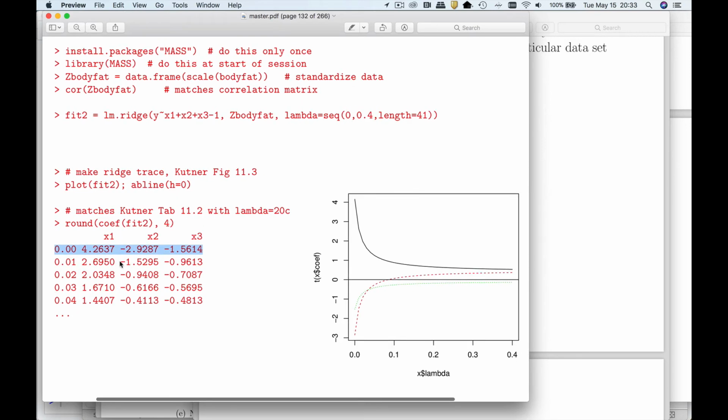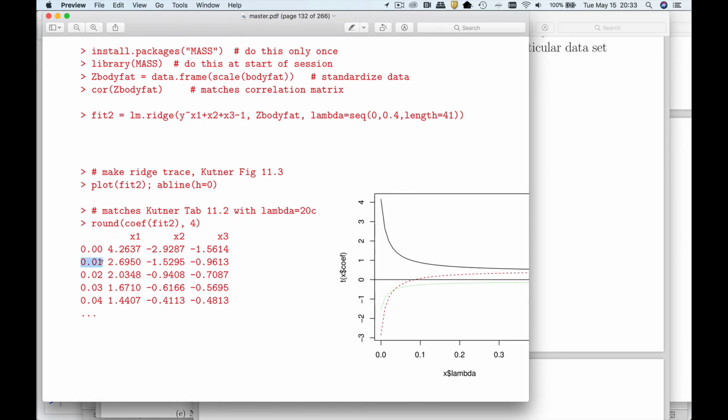All right, now as I increase the lambda, so let's turn up lambda to 0.01. So I'm putting a very small penalty on it. You're going to see what happens is we have to shrink the length of the beta vector. And now we can really see how silly it was to have that big negative beta 2, because I can make my beta vector much shorter.